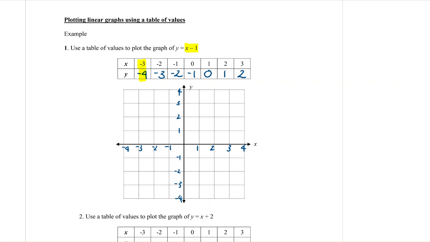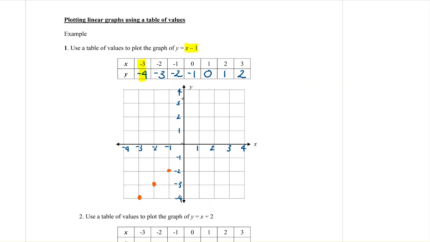And I put a dot right here. I don't have to put a letter on it, I'm just going to do all the dots. So moving to the next one across, X is minus 2, down to minus 3. Next one across again, minus 1 for the X value, down to minus 2.